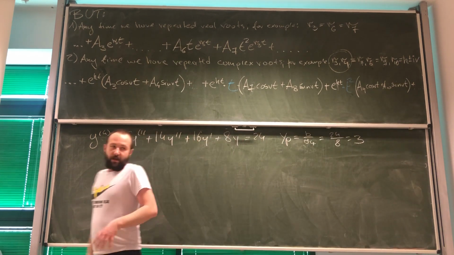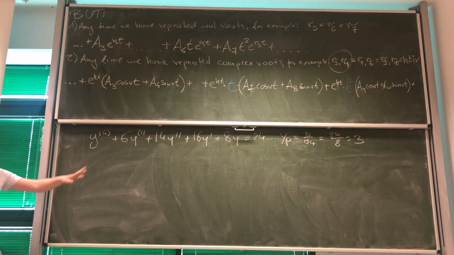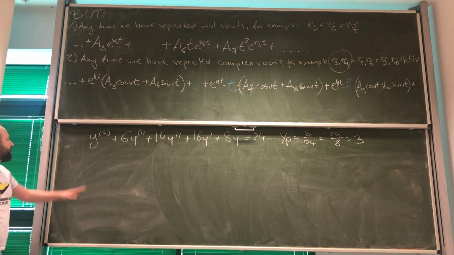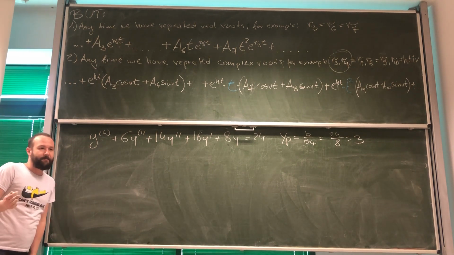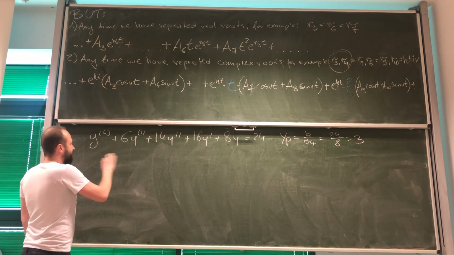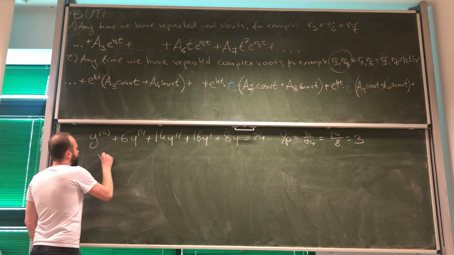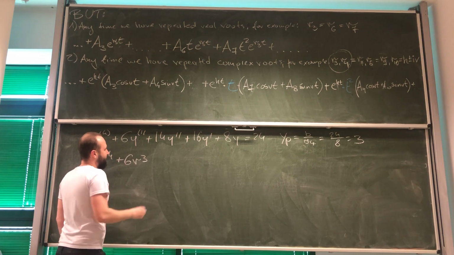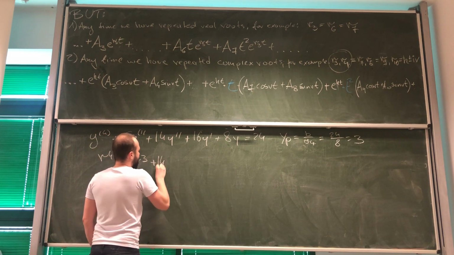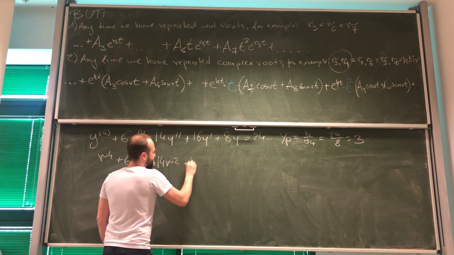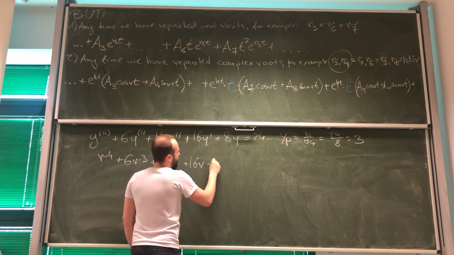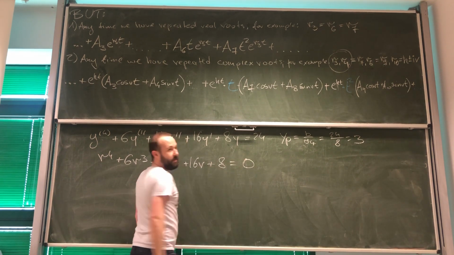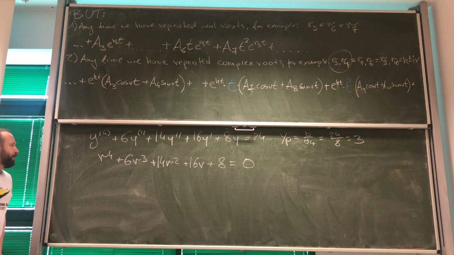Now, for this equation, we can easily see that the characteristic equation is going to be r to the power of 4 plus 6r cubed plus 14r squared plus 16r plus 8, and this must be equal to 0.